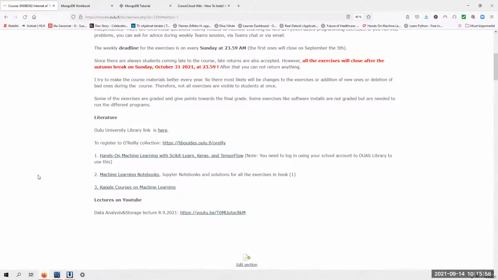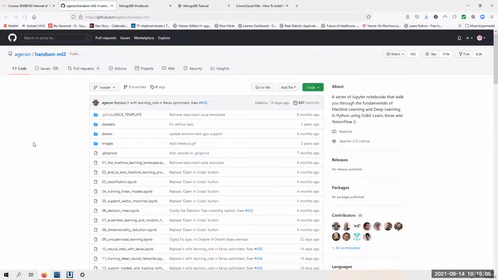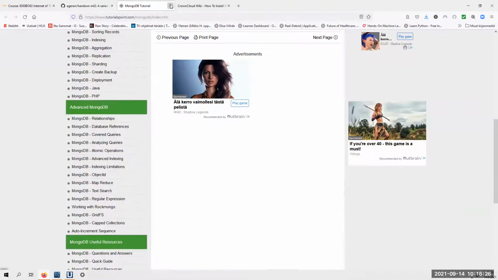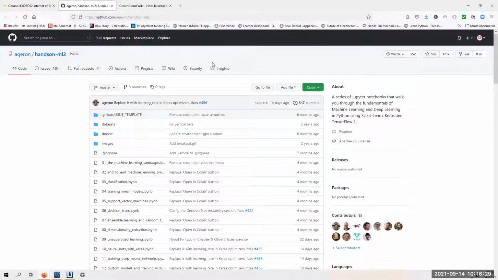Some words about the machine learning notebook. So here is the link to the GitHub, where, as I have already said, you can download all the materials. And now let's start with this first chapter. You can use this Jupyter Notebook either online, or you can install it on your own machine.